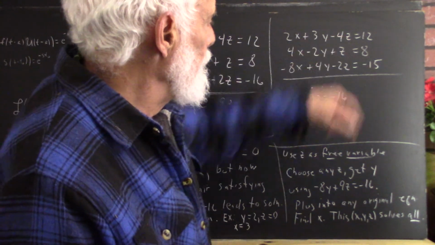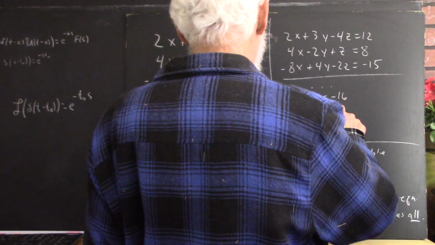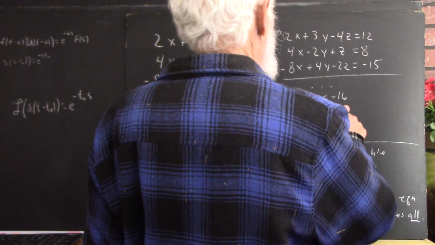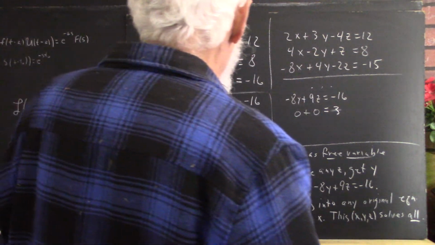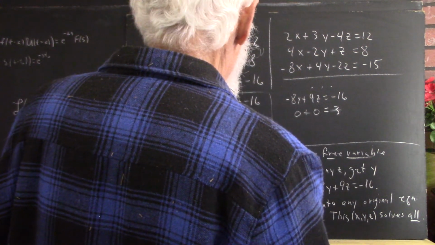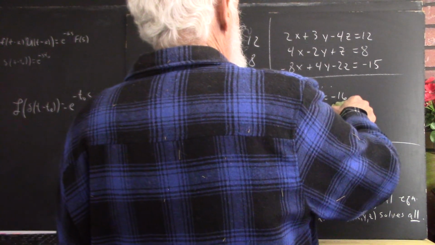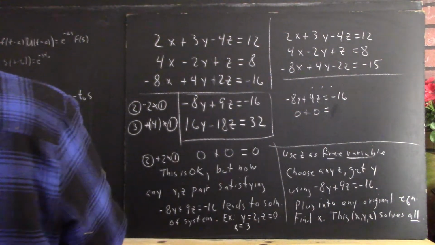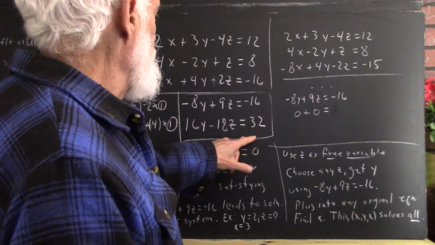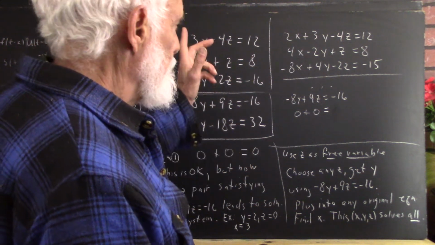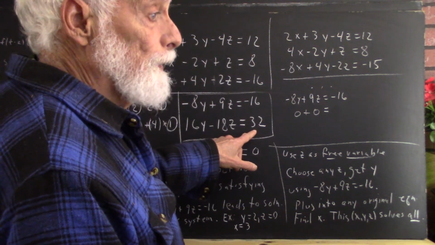We have 48 and negative 15. We're going to get 33 here instead of 32.